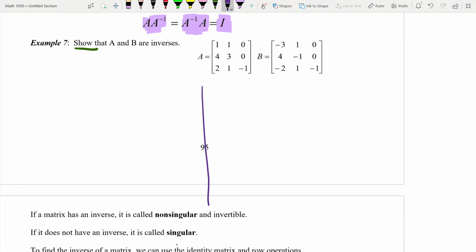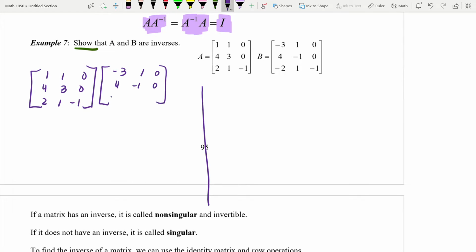So you're going to write down matrix A. Right next to it, you're going to put matrix B. On the other side, you're going to do the same thing, but in the other order. So it's going to be like this. B and then A.